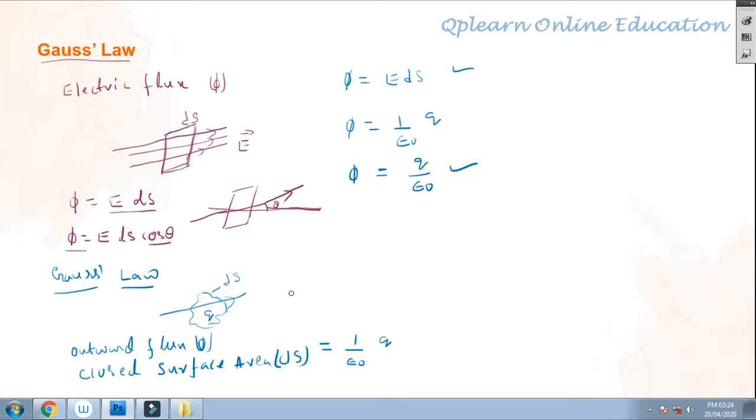But what is the purpose of this Gauss law? Carefully understand, this is very important.